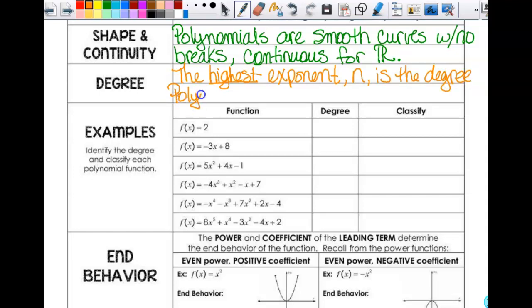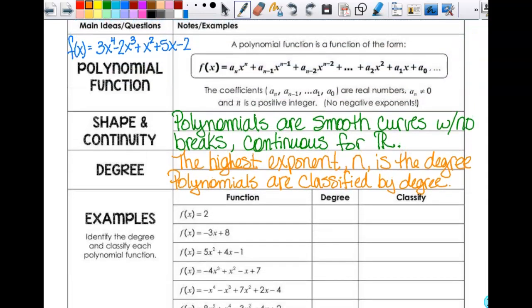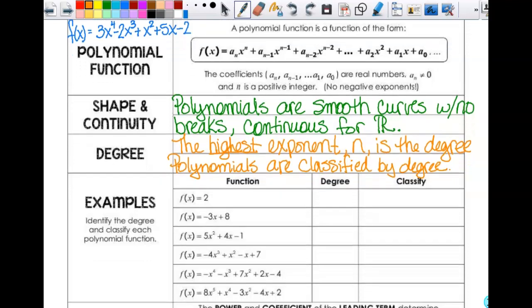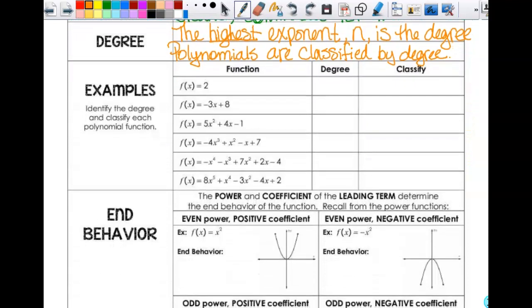Polynomials are classified by degree. So this one that I wrote up here, my highest exponent is 4, so n is 4. That would be a 4th degree polynomial. That's how we would talk about it, how it's classified. They also have names that go with them, which we'll look at in a second, but just calling it 4th degree is fine as well.